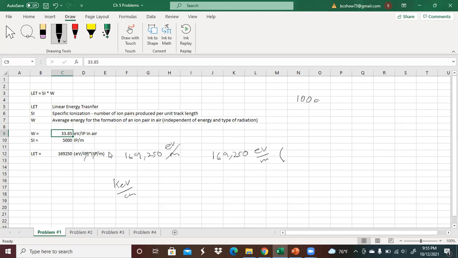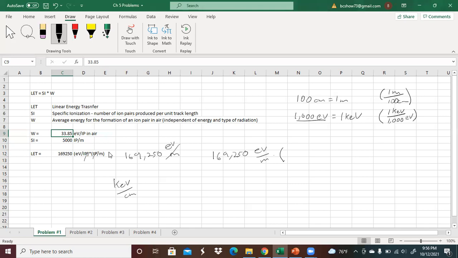So 100 centimeters is equal to 1 meter. That's something you can look up in pretty much any table that you want to. And we also know that 1,000 eV is equal to 1 keV. Now I can take either one of these and write it as one divided by the other, and this is the same thing as saying 1.